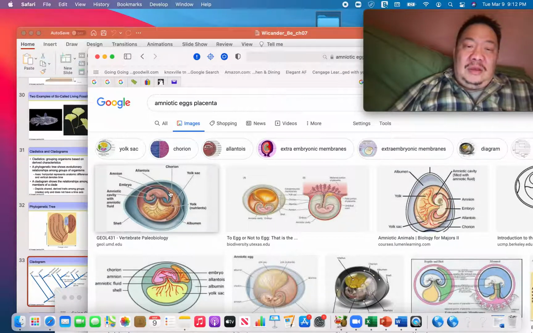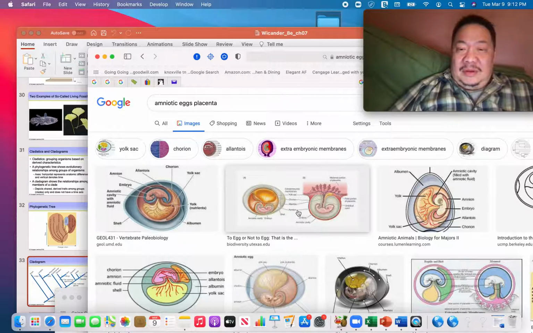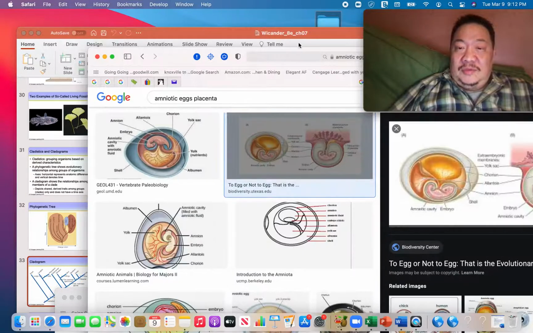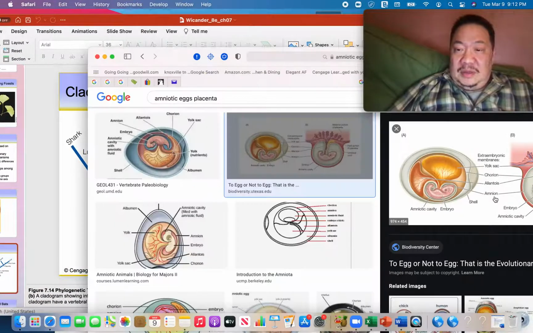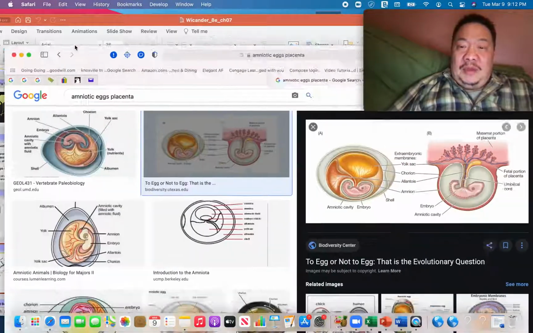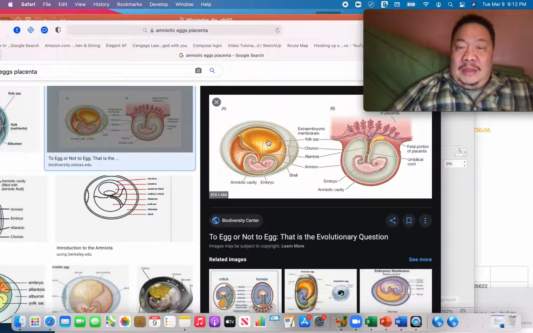And then you're separated from your mother's womb by this membrane around you. So let's see if there's a picture of it here. For some it would be a membrane, and for humans it's an amniotic cavity, but it's all the same structure.